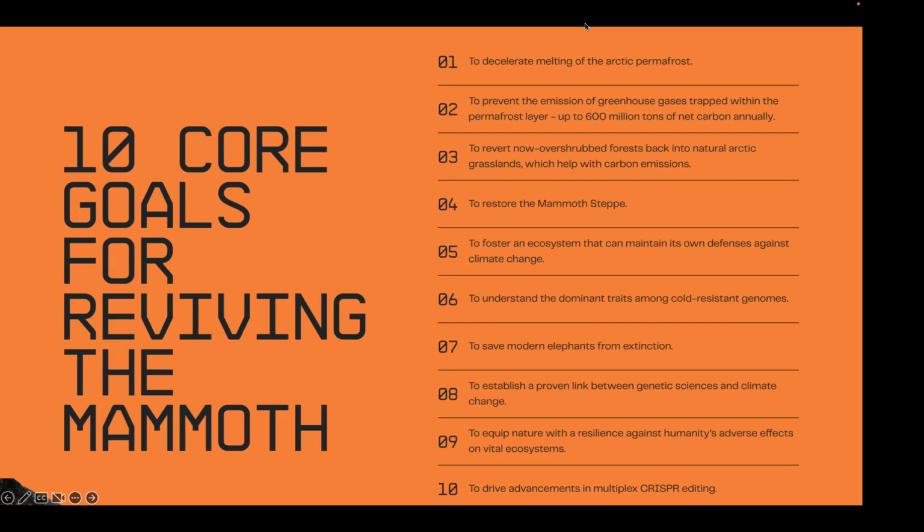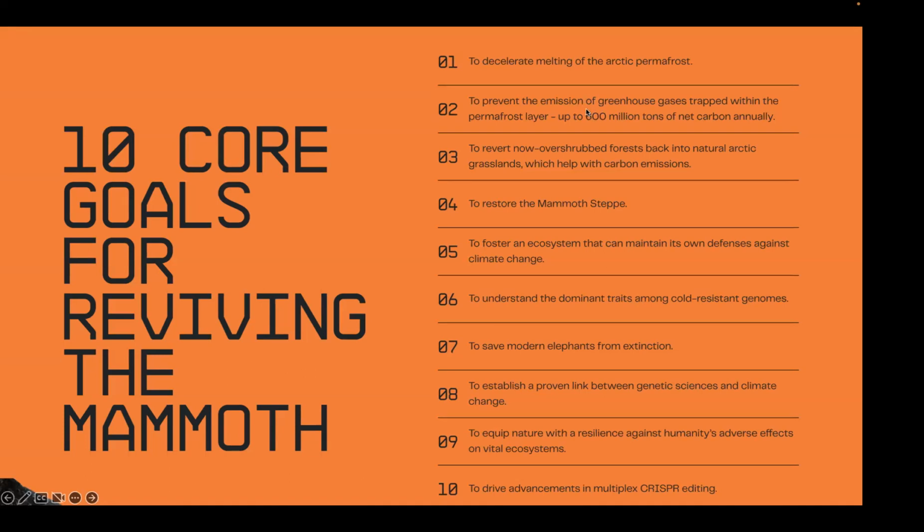Let's see, I think we have a question. Yeah. How does it decelerate Arctic melting? It's a good question. So the theory behind the interaction between the mammoth and the environment is that it will generate a sort of grassland type environment, and that will capture a lot more carbon.